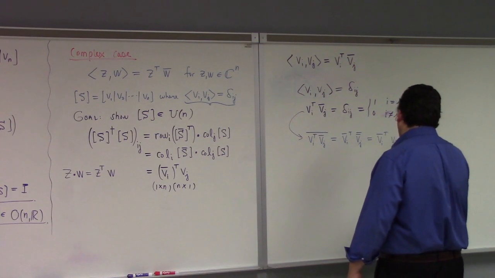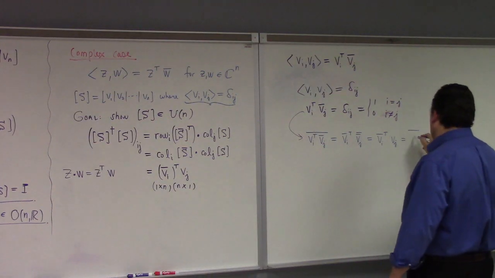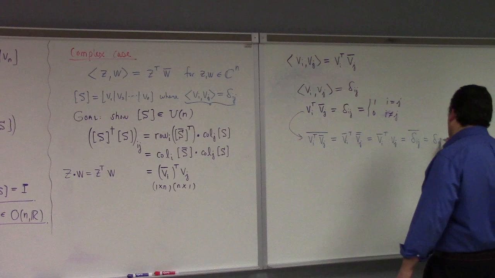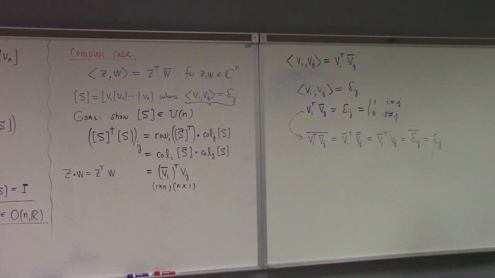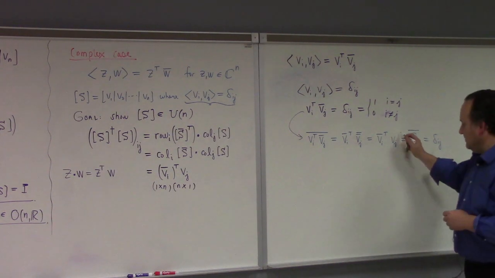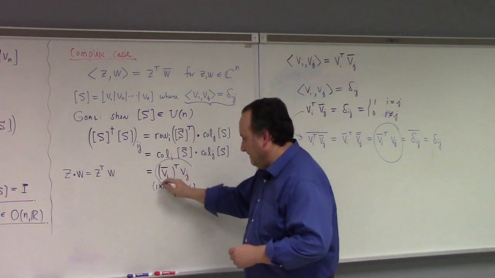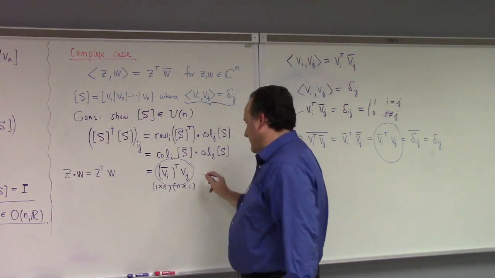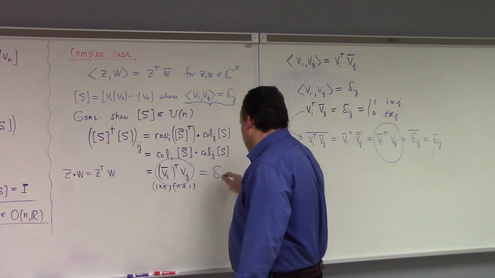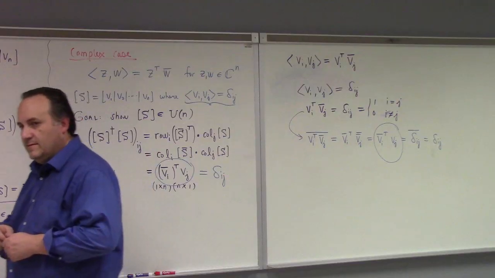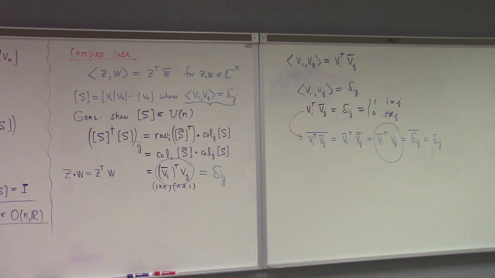But what's that equal to? Well, it's equal to the conjugate of Kronecker delta ij, which is just Kronecker delta ij, right? Hey, that is where we wanted to get to. Hooray!